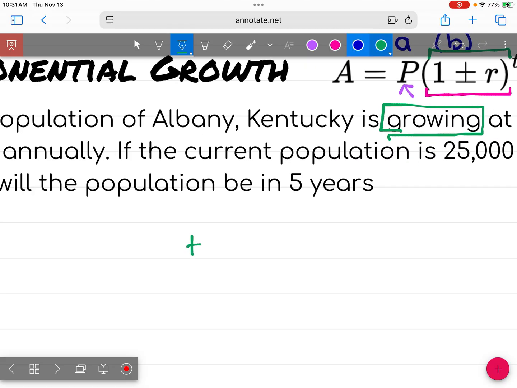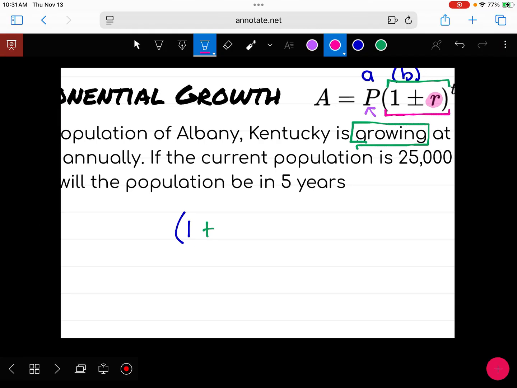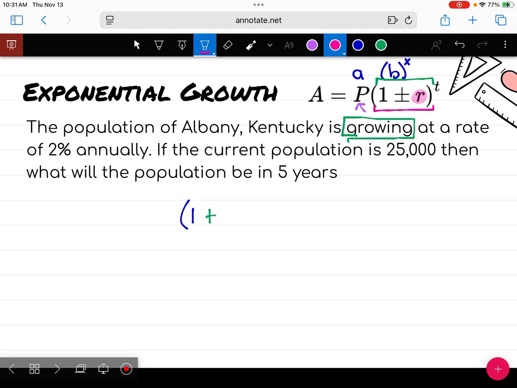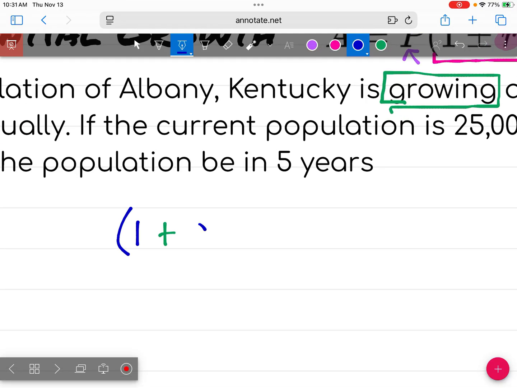We're going to have our 1 plus whatever our rate is. What is the rate we're growing at? 2%. So 0.02. Good. We need to make sure we're writing it as a decimal.